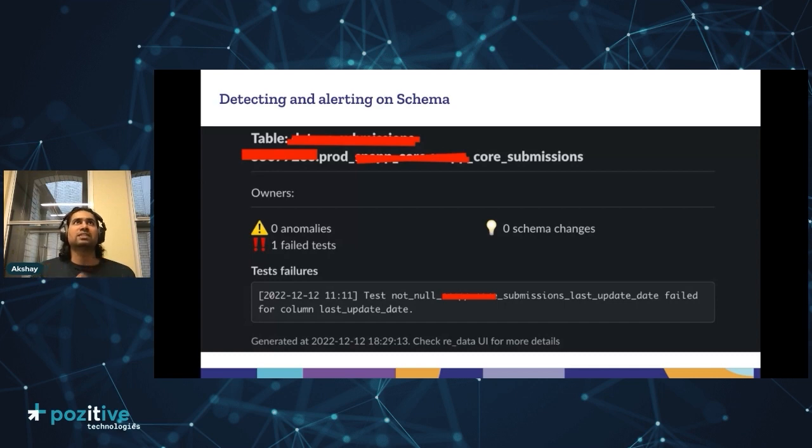It turned out that they started to send some test data into this submissions table, and they just didn't add this last update date. When this started to happen, we went to the data producers and tried to understand what had happened. It turned out that it was just test submissions, so it was very easy for us to just go and filter them out. But having these alerts was very important because then we started to understand when the behavior of our inputs started to change.